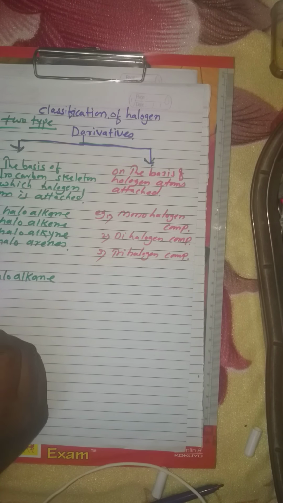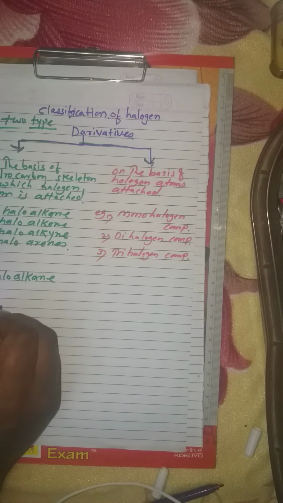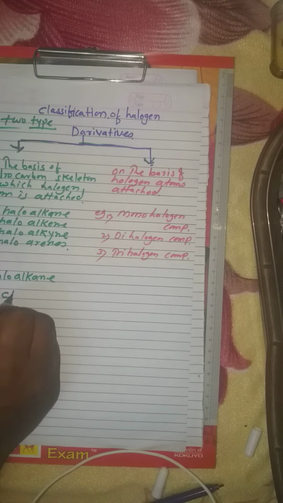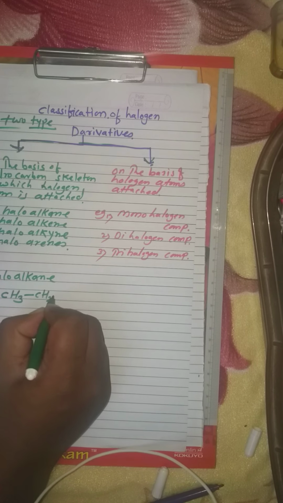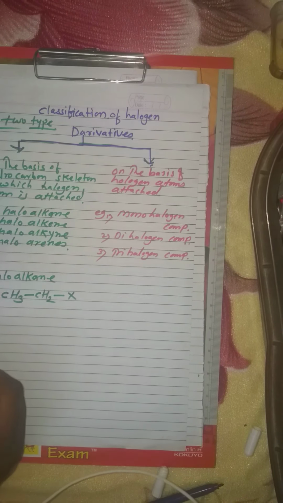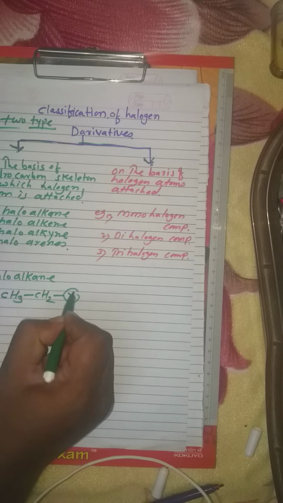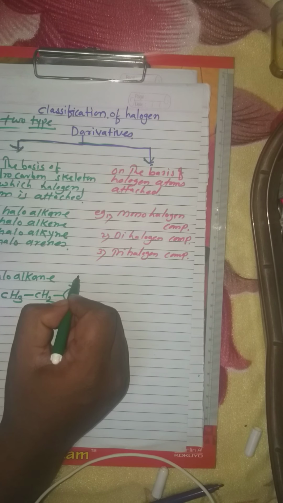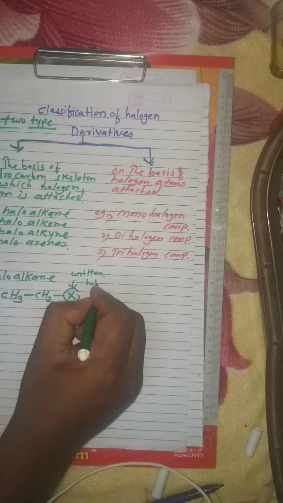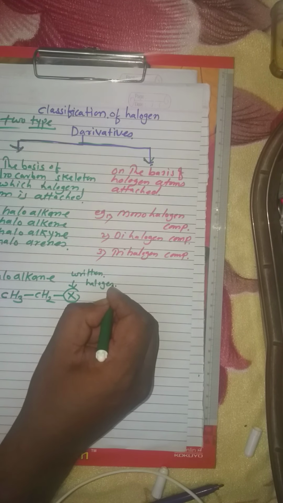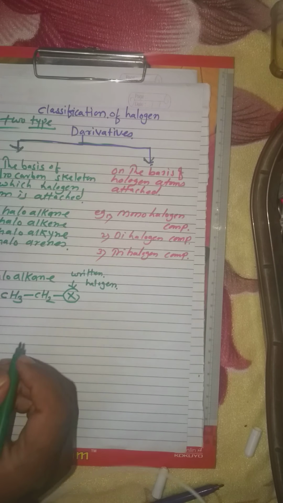Now this example includes one halogen atom which is attached to any alkane group. That is what we have taken the example CH3 CH2 X. Now dear students, keep in your mind this X is written on behalf of halogens. That means X represent the halogens.